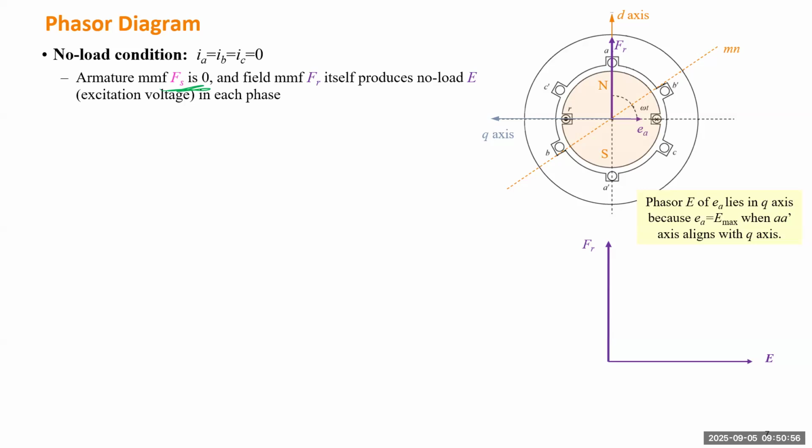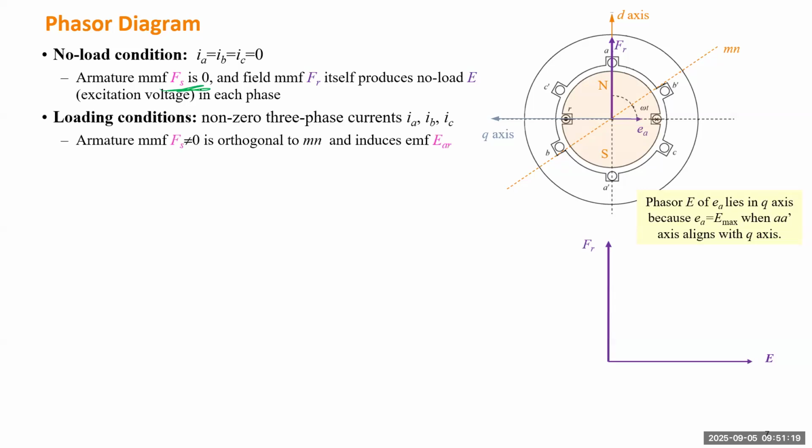So E is in the direction of the Q axis, because this A voltage reaches the maximum value when the axis of A is aligned with Q in the horizontal direction. We explained that in the previous slide. So we have the two phasors, FR and E.